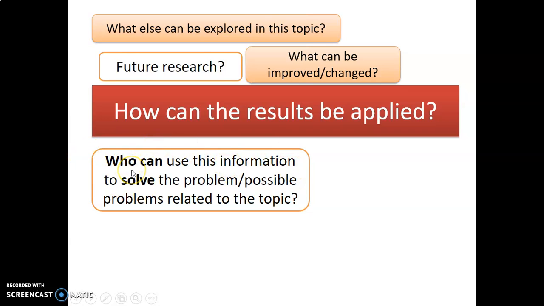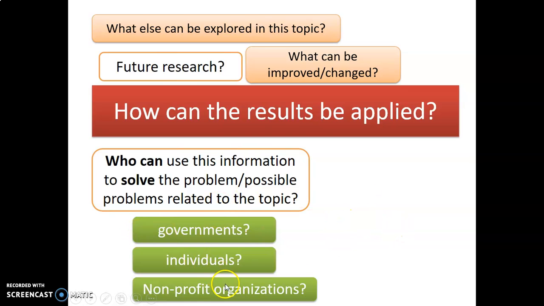Also, when we talk about the results, the application of the results, who can use this information, and how they can use it. Yeah, maybe the governments, maybe individuals, maybe some non-profit organizations, farmers, scientists, business owners, anything possible. It is very similar again to Unit 2, application of the results.